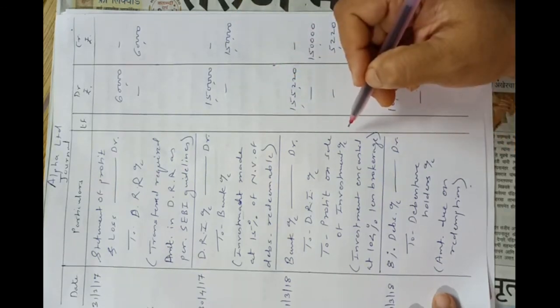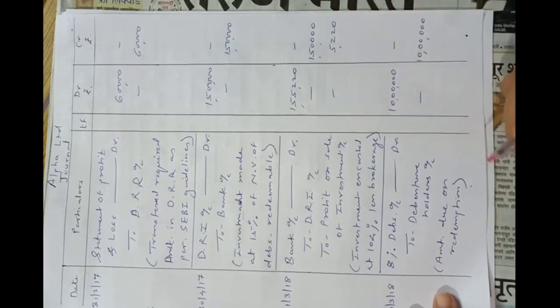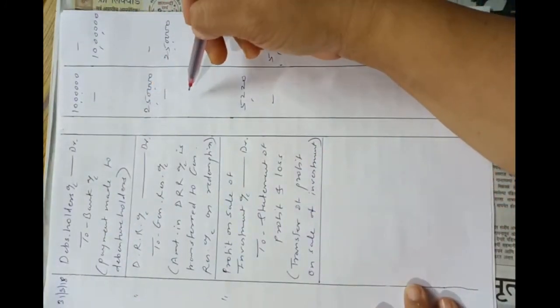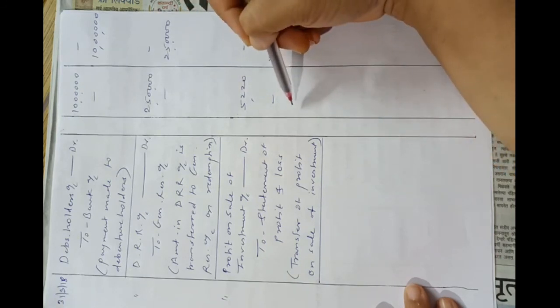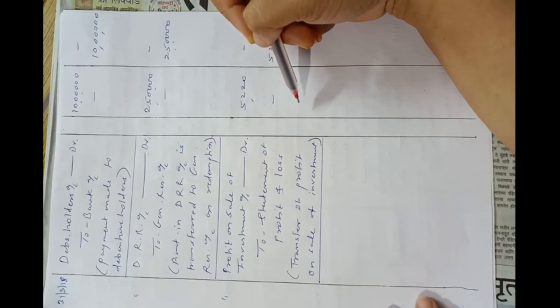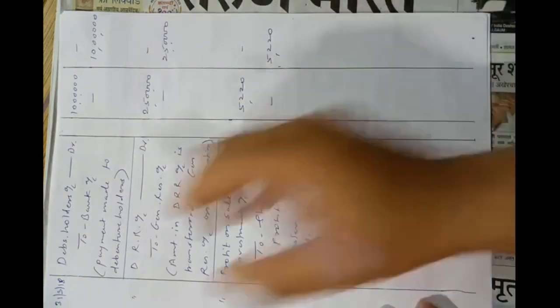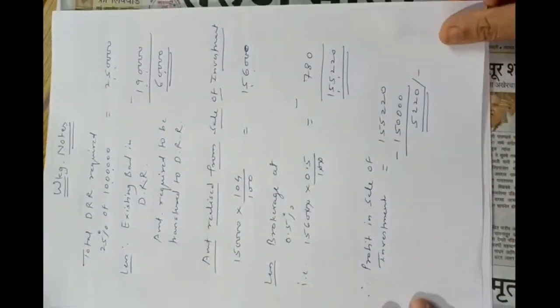This entry is of debenture redemption investment encashed, that is sold. Amount due on redemption to the debenture holders, amount paid to the debenture holders. This entry is of transferring DRR to general reserve account, and this entry is of transferring the profit on sale of investment to statement of profit and loss. In this way we have to pass these entries and prepare the working note similarly below the problem.